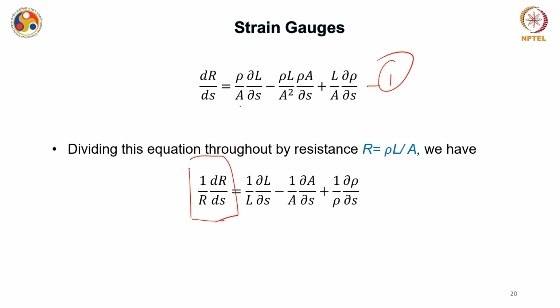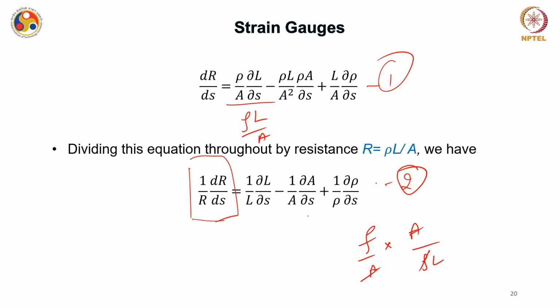On this side, when you divide by rho L by A, you get rho by A into A by rho L, so rho gets cancelled and A gets cancelled, and you have 1 by L del L by del S. Similarly, for the other terms you have minus 1 by A del A by del S plus 1 by rho del rho by del S. I am calling this equation 2.